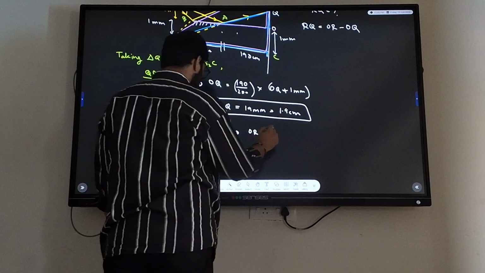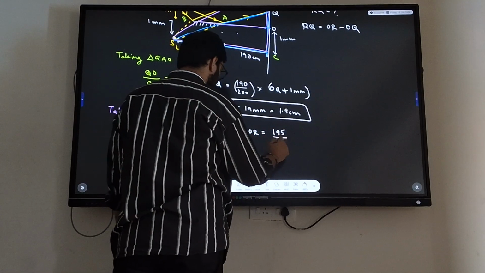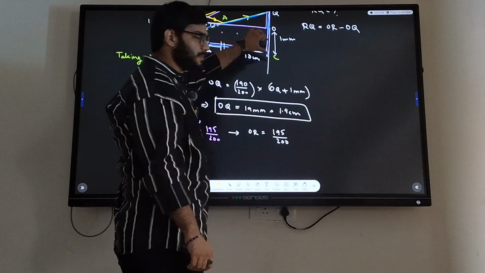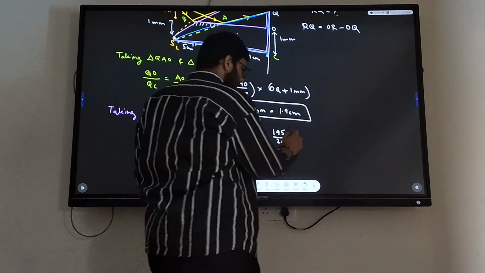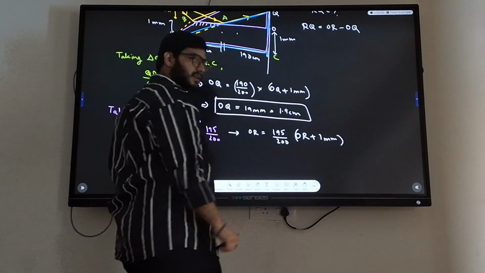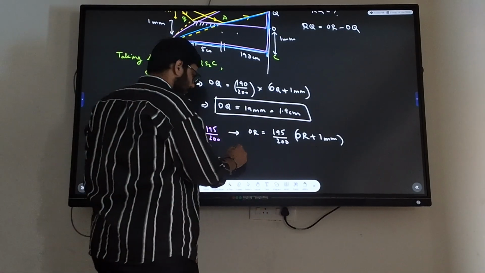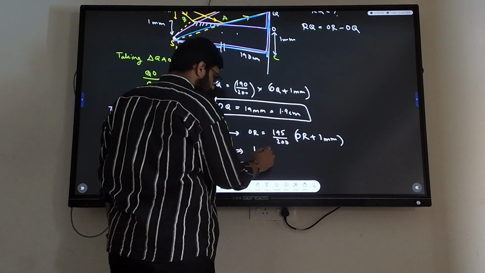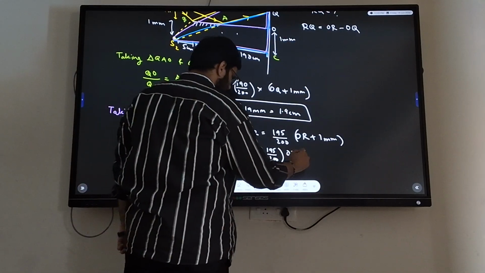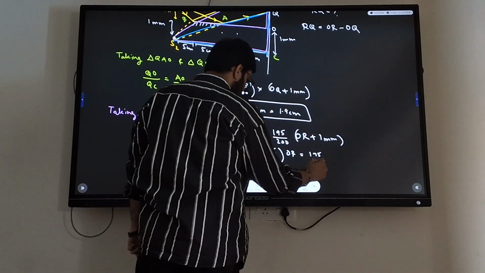And now I can find OR. That's 195 divided by 200 into RC. But RC can be written as RO plus OC. Yes. And now you do the calculation again. So this will become 1 minus 195 divided by 200 OR, that's equal to 195 divided by 200.